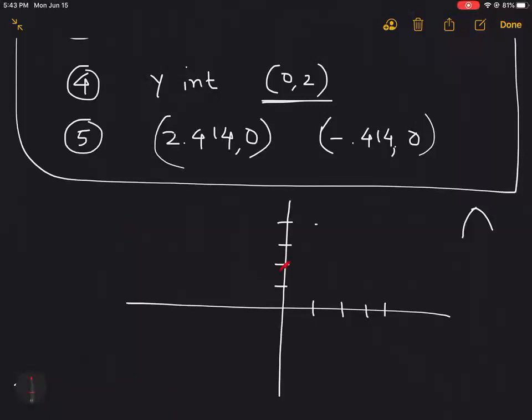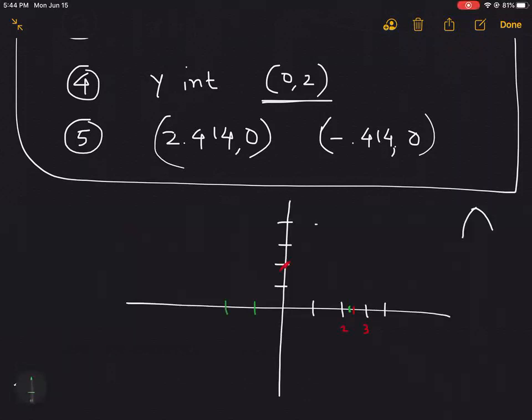We know one x-intercept is at 2.414, slightly less than 2.5. That's 2, that's 3. So slightly less than 2.5 should be somewhere here, very close to that red line. And that's 1, that's 2.